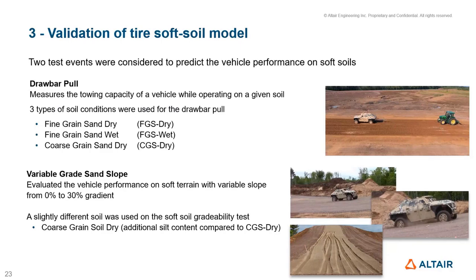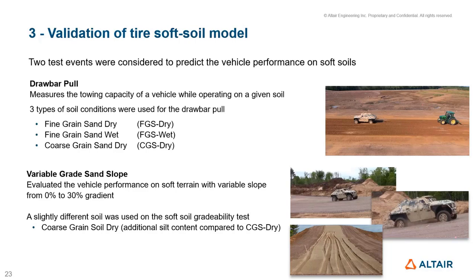For this drawbar pull event, three different soils were used, mainly the fine grain sand, dry and wet, and the coarse grain sand, dry. And for the variable grade sand slope, it basically runs the vehicle on a variable slope from 0 to 30% gradient. And in this case, it will use the coarse grain soil, dry.